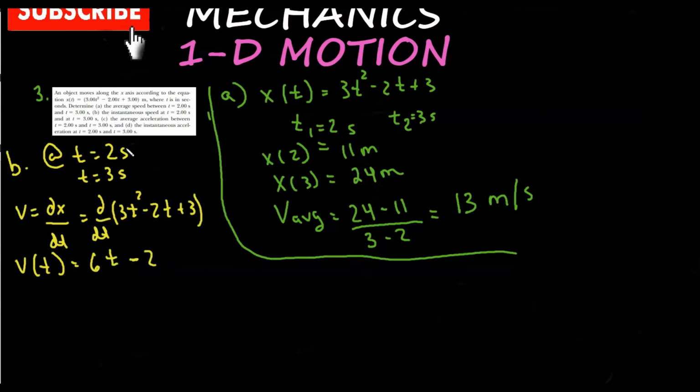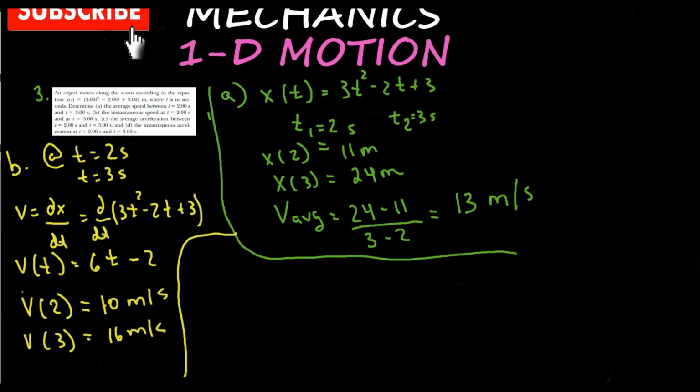And now we can just plug in our instantaneous moment of time and get our instantaneous speeds. So v of 2 would give us 6 times 2 minus 2, which is 10 meters a second at that moment in time. And v of 3 is equal to 6 times 3 minus 2, 16 meters a second.